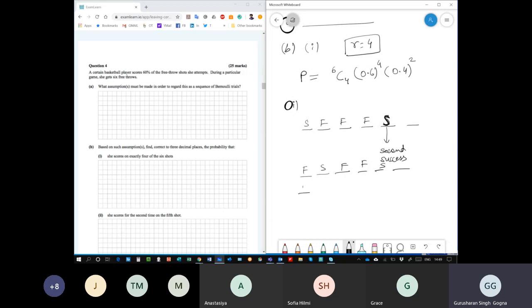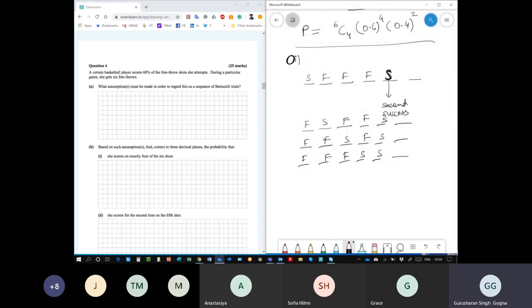It may be fail, fail, success, fail, success. It may be fail, fail, fail, success, success, like that, isn't it? That's why I said in the previous question they said exactly 4 shots, so you cannot say whether it's the first 4 or last 4 or whatever. So that was fine. But in this question you have to be careful.